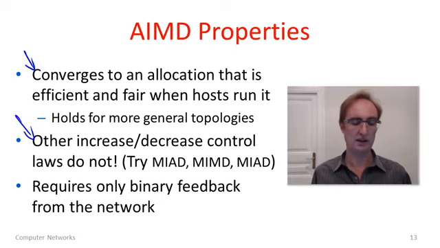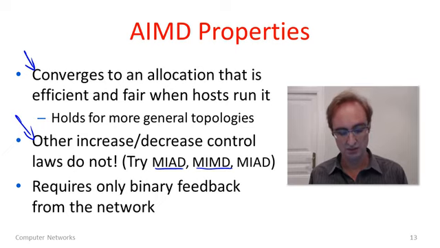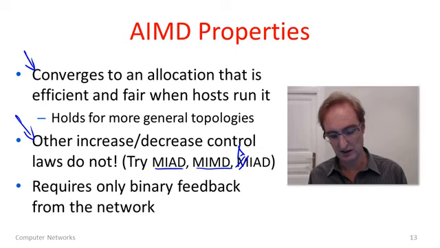It will seem more interesting to you if you actually try on that game some other control rules. If you try multiplicative increase, additive decrease, or any of these other combinations, multiplicative increase, multiplicative decrease, or oops, the other one that's missing that I should say here is additive increase, additive decrease.